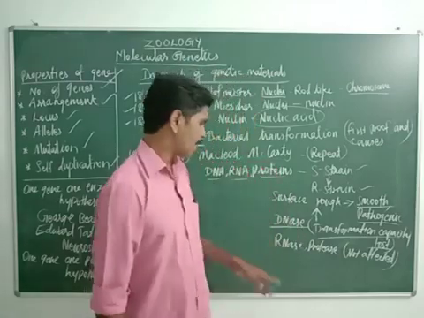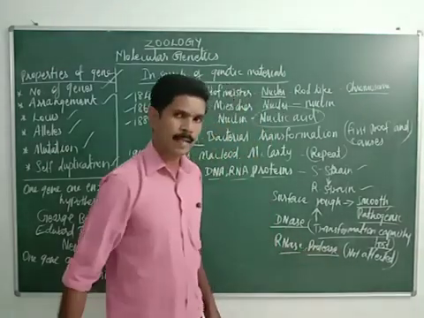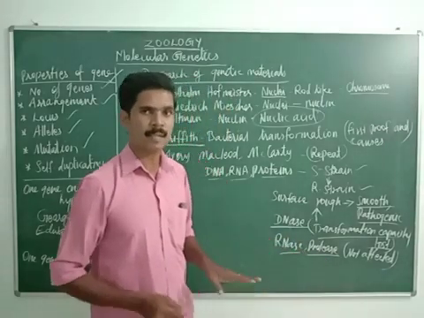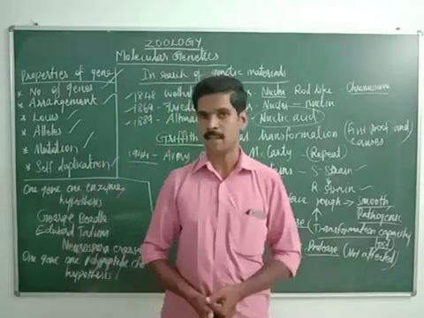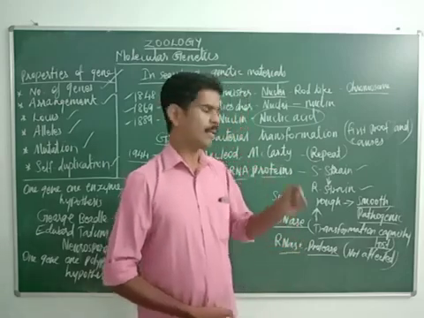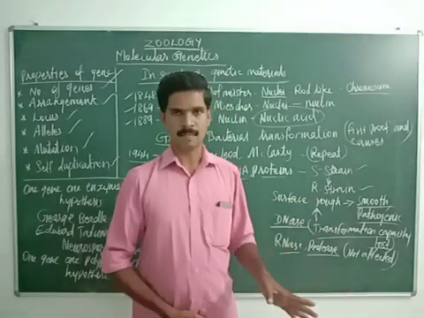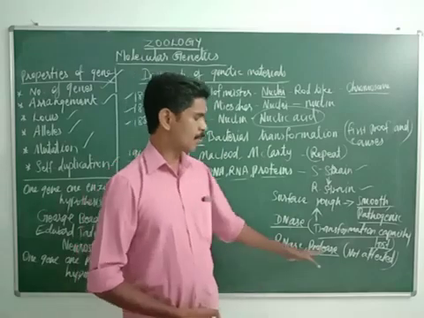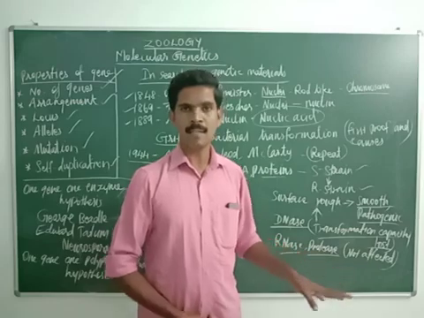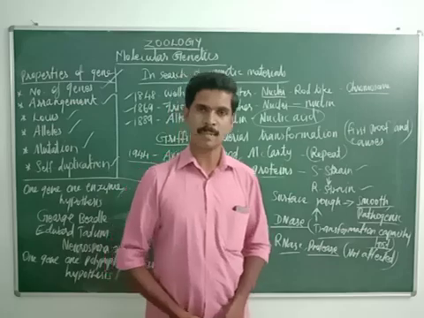They also added two other enzymes, RNase and protease, but RNase and protease did not affect the transformation capacity of the bacteria. So when DNase is added, the transformation capacity is lost; when RNase and protease are added, the transformation capacity is not affected. Understand, my dear students?